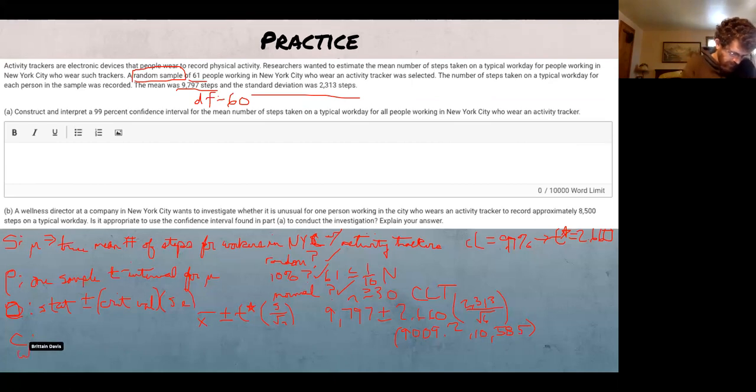And now the last part: we are 99% confident that the interval from 9,009.2 to 10,585 steps captures the true mean number of steps for workers in New York City who wear an activity tracker.